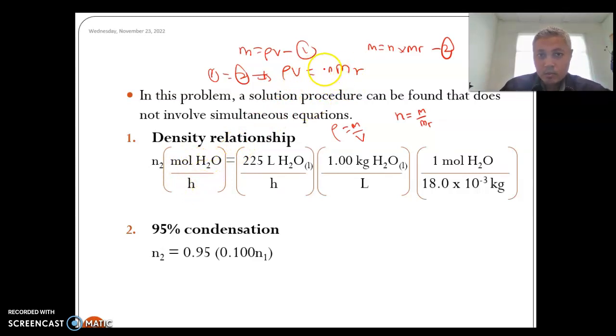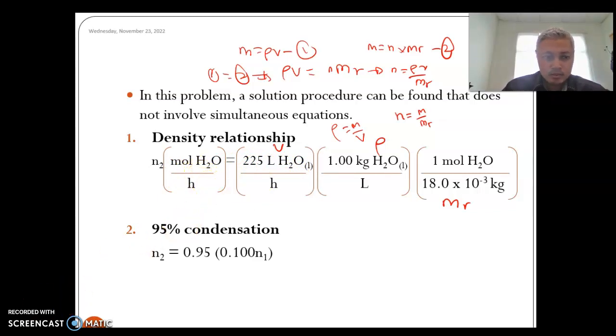So we express N in terms of rho V over MR. We rearrange the formula: N equals rho V over MR. This is our V, this is our rho, this is our MR. That's why we can use this formula to convert the unit of liter H2O per hour to mole H2O per hour.